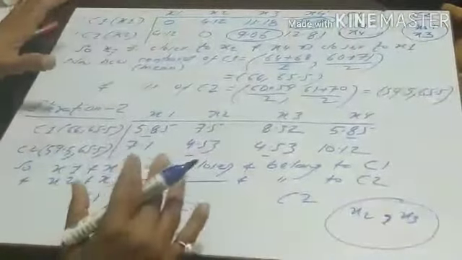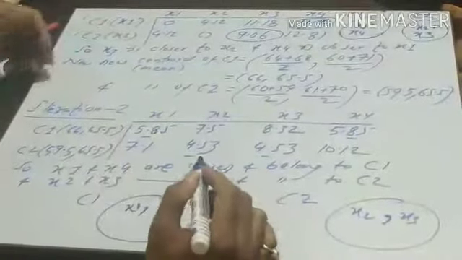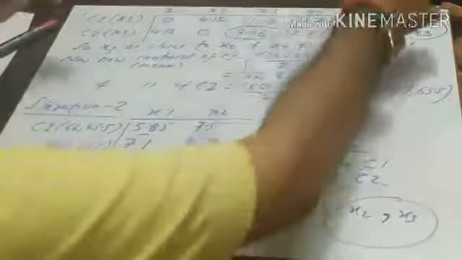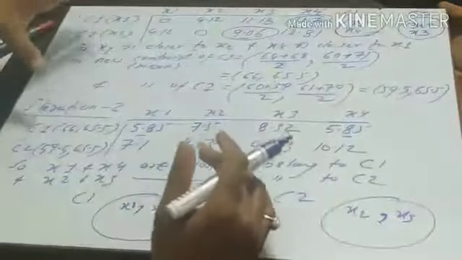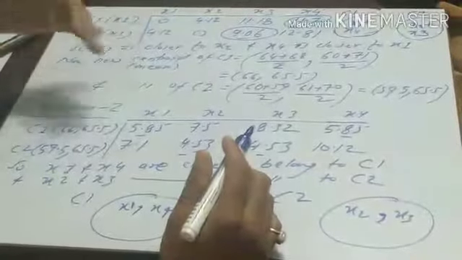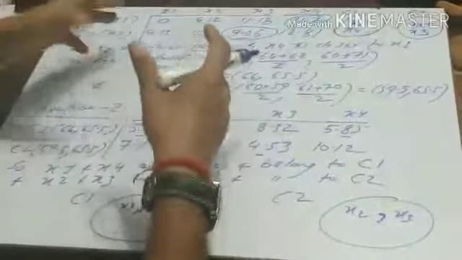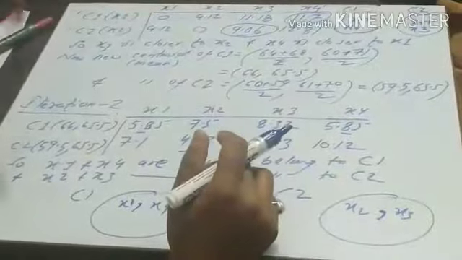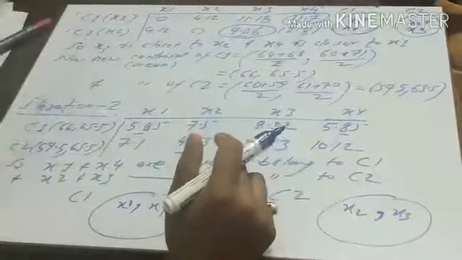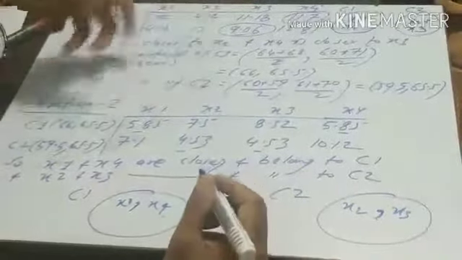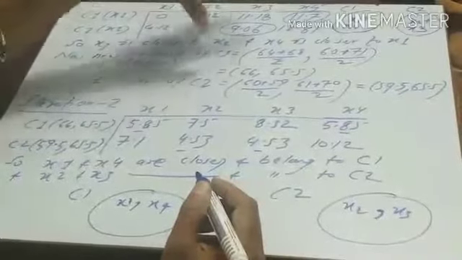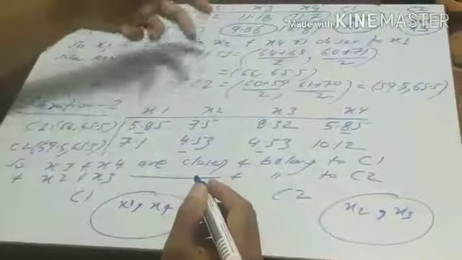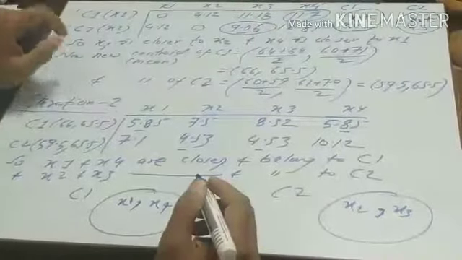Okay, clear. Now we calculate the new centroid of clusters C1 and C2. K means is called K means because it divides objects into K clusters with the help of a mean as a centroid. So in K means, we calculate the mean value of the points within a cluster. The centroid here represents the mean value of the points within a cluster.